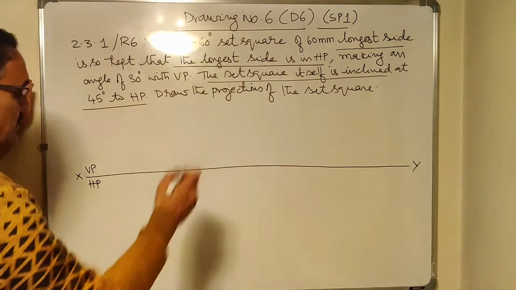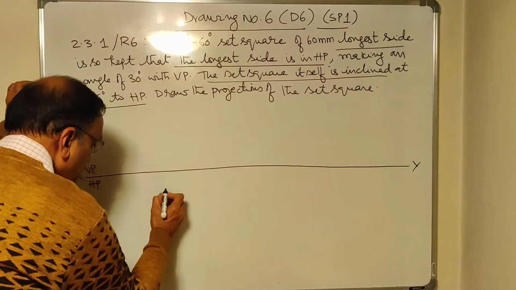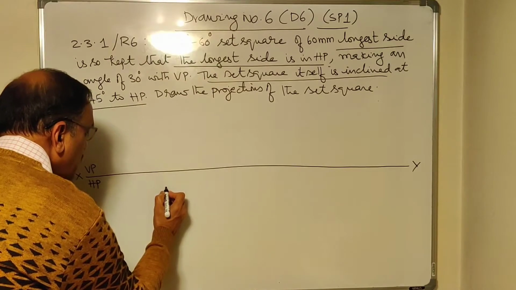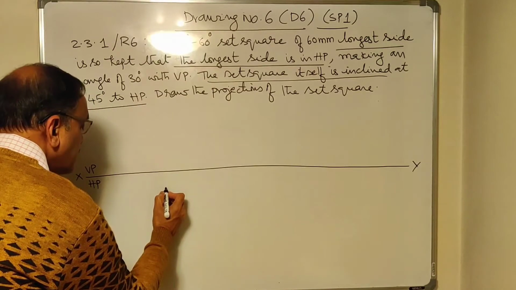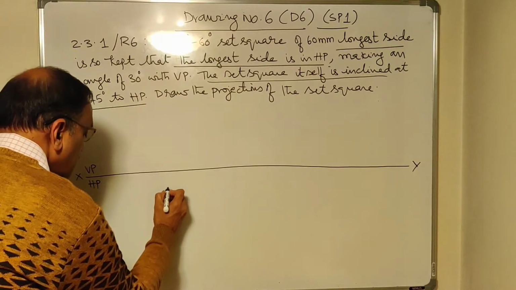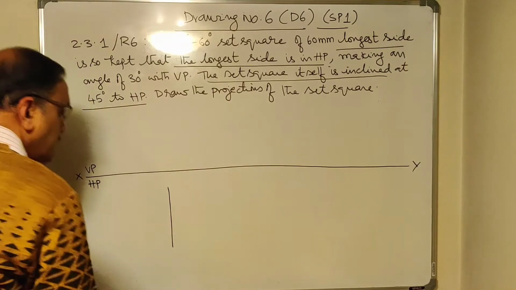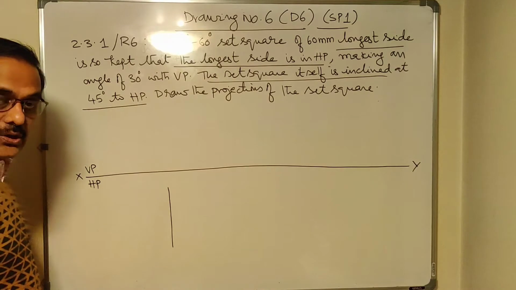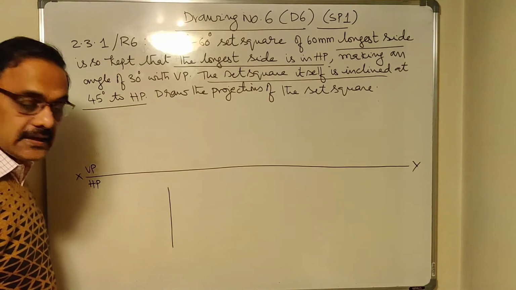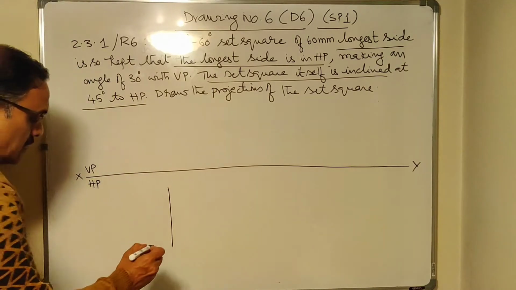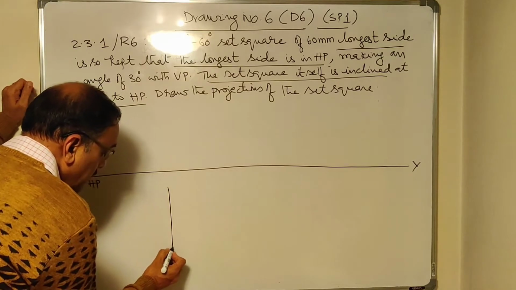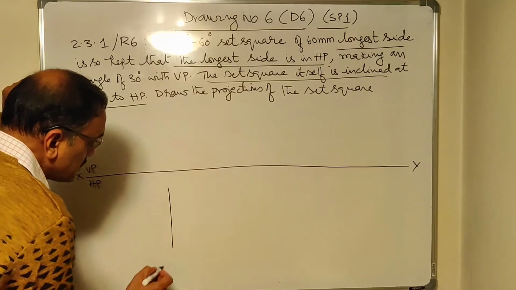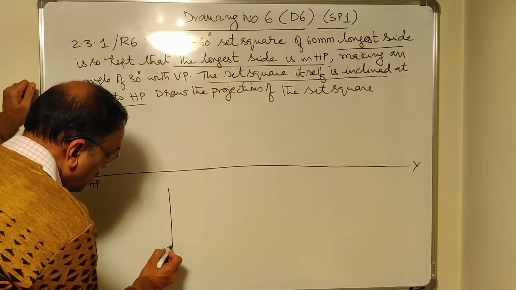The hypotenuse is given as 60 mm. So I'll start by drawing the hypotenuse perpendicular to XY, 60 mm. Then you will complete the set square using 30 degree and 60 degree angles. Take your protractor, keep it here, mark an angle of 60 degrees and draw a line here.